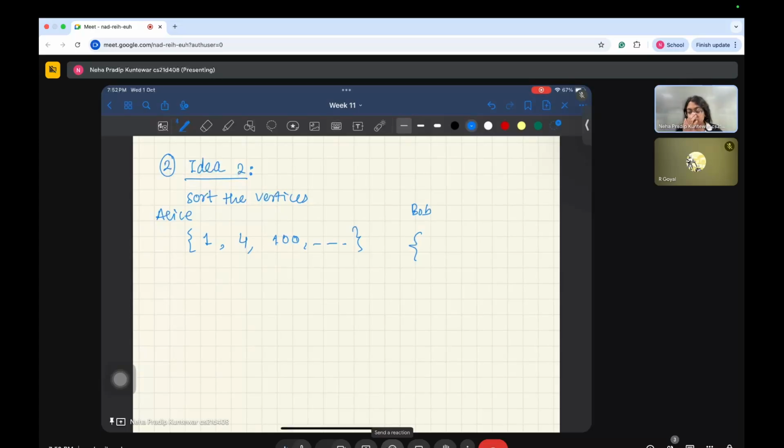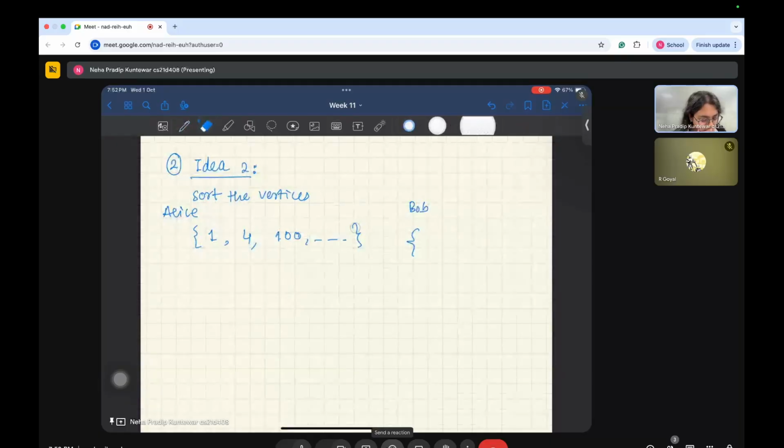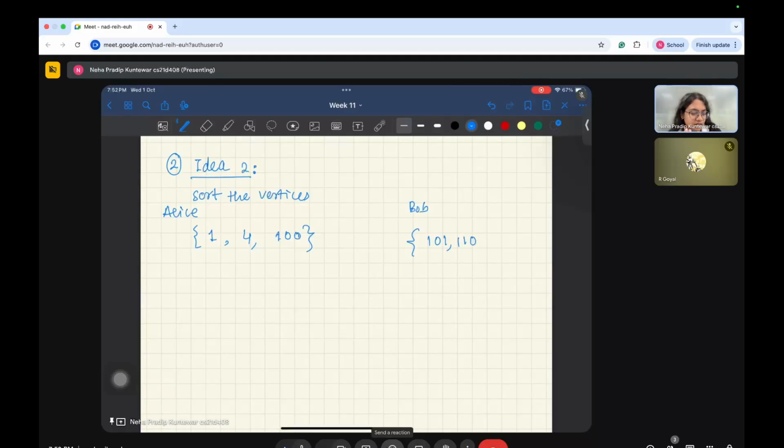Let me just think of the correct case. Let's say Bob has 101, 110, 142, and let's say 150. And let's say the size of V is 150 for us, just for this example.